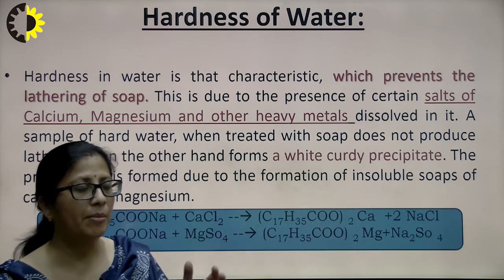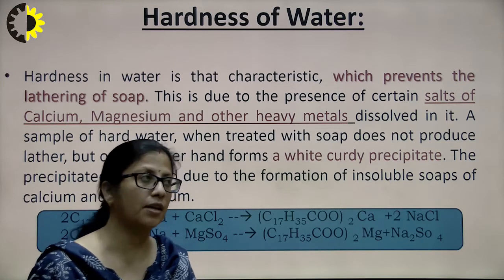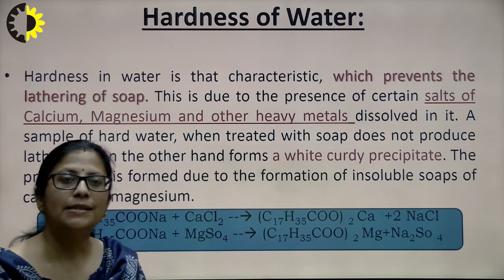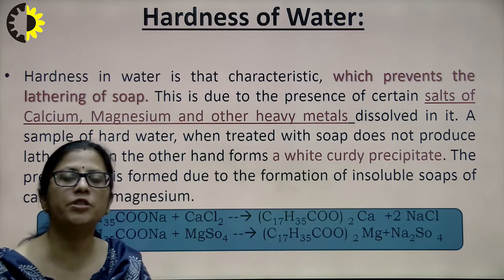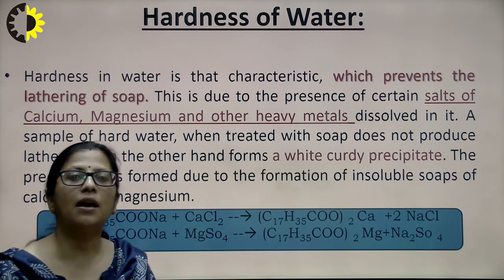So, coming back to the hardness, hardness in water is that characteristic which prevents the lathering of soap. This is due to the presence of certain salts of calcium, magnesium and other heavy metals.